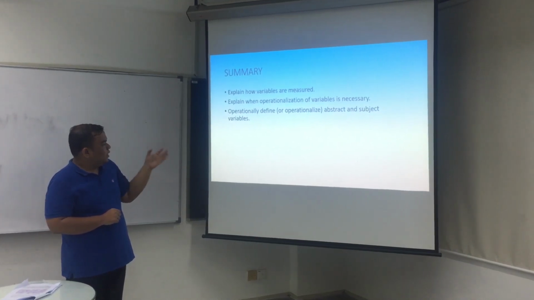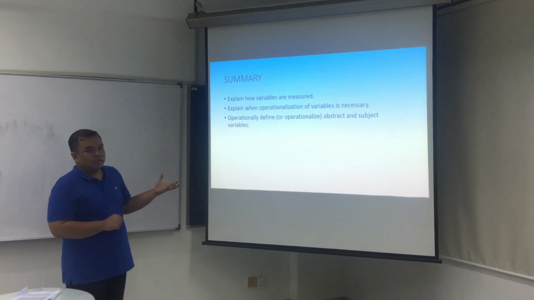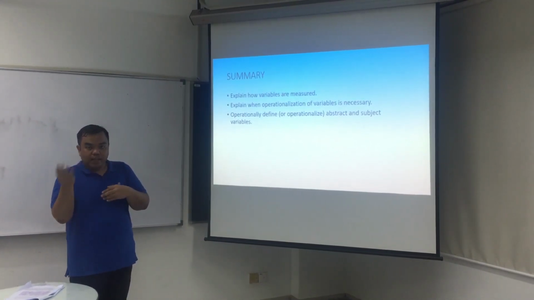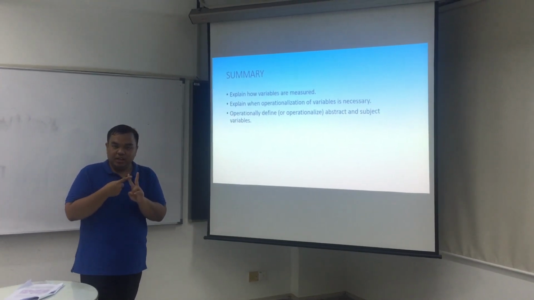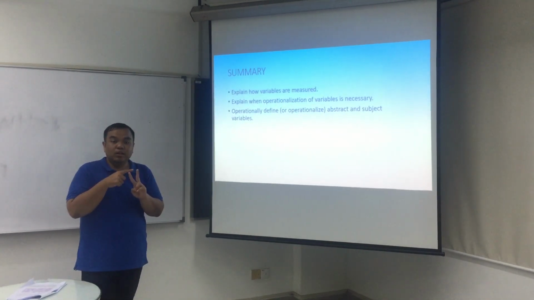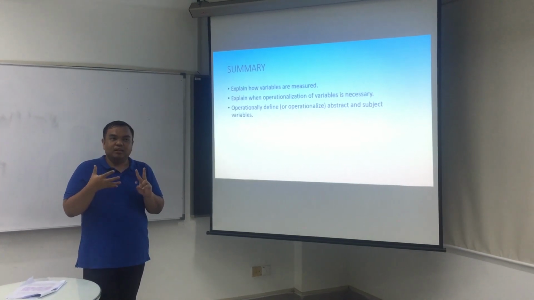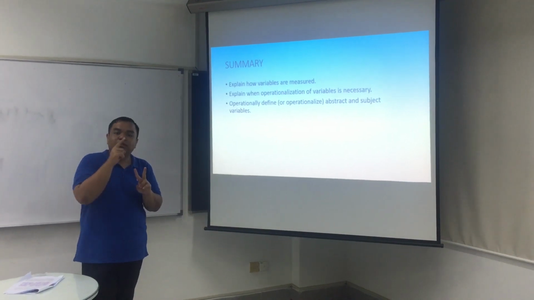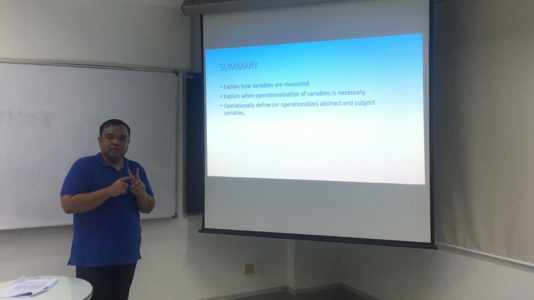Third, it operationally defines or operationalizes abstract and subjective variables, which we will go into for the measurement next week. So you must remember these two, conceptualization and operationalization. These two are very important for your research and to get the information. So you do the concept first and then you operate the dimension and the variables.